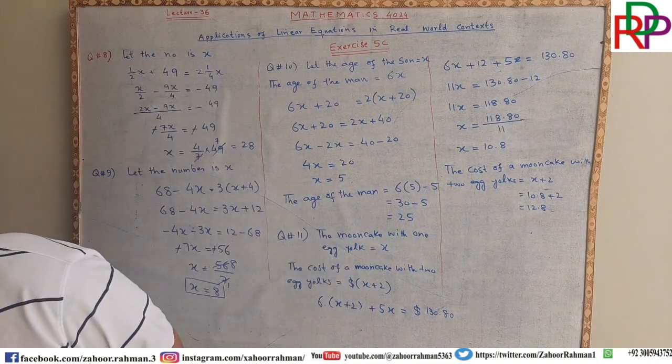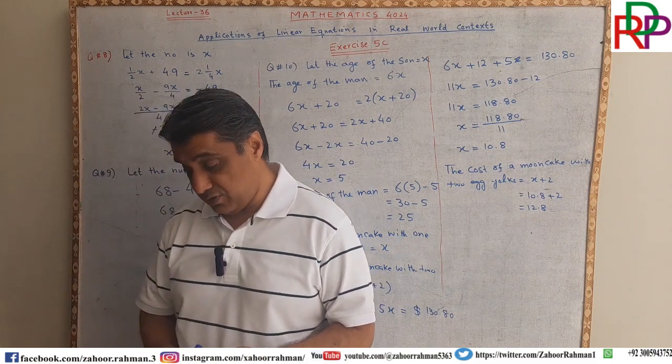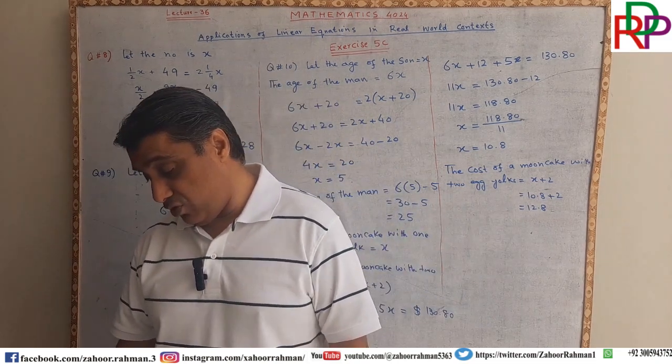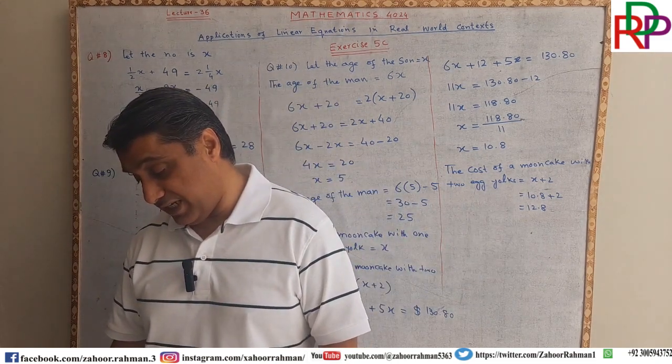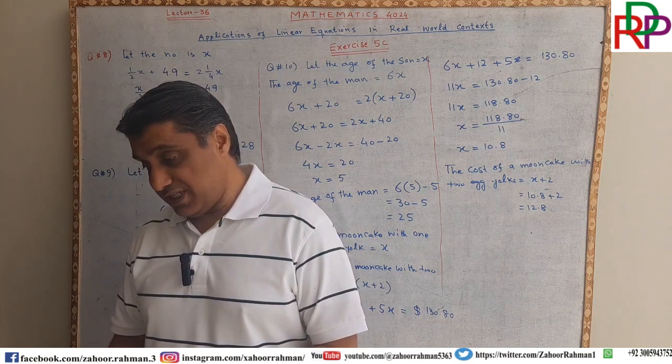Now let us turn our focus to question number 12. And they are saying Junwei has 12 more 10-cent coins than 20-cent coins. What is 20-cent coins?